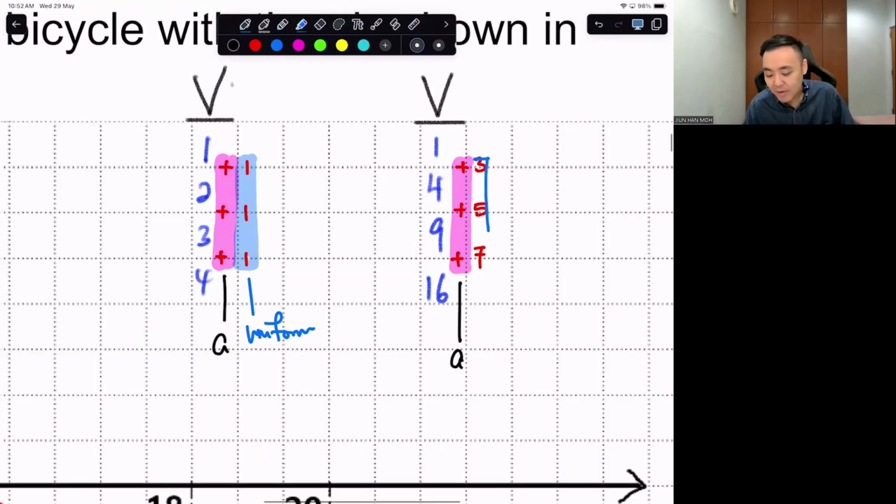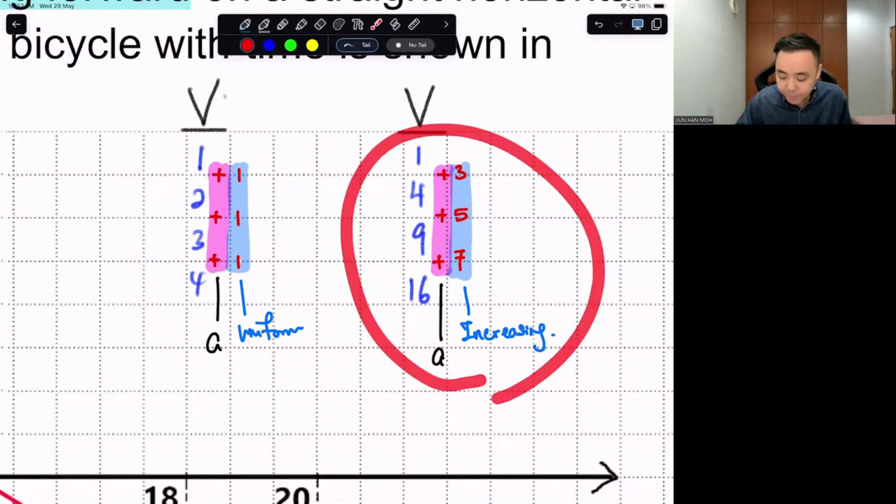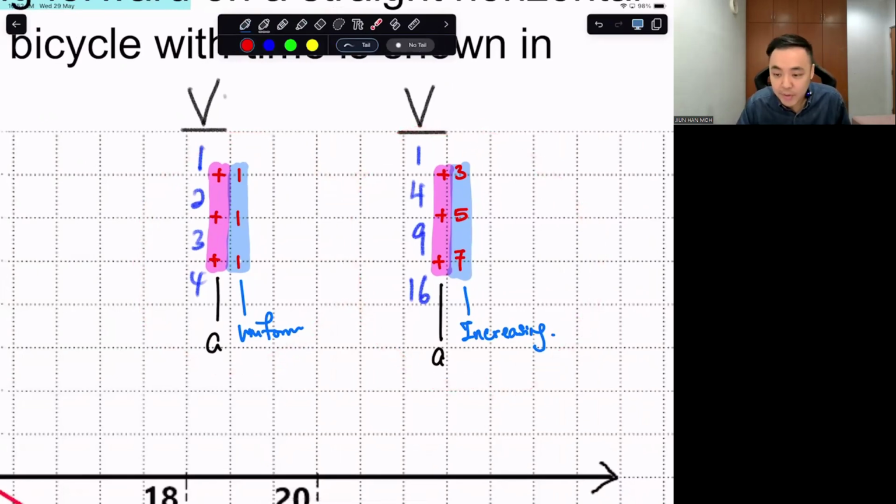You look at the value: plus 3, plus 5, plus 7. Did you notice the amount you increase is getting more? So this is called increasing acceleration. So whatever you have here is called uniform accelerations, and what you have here is called increasing accelerations.